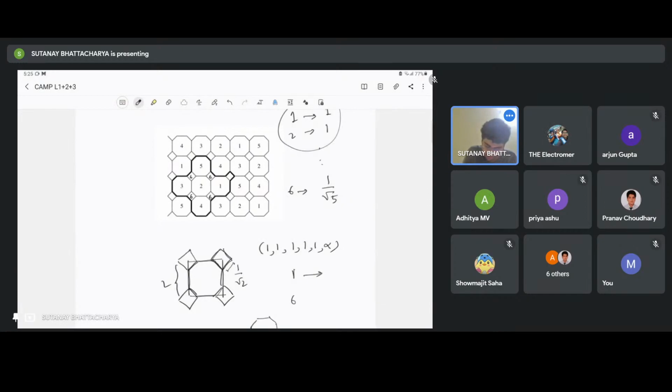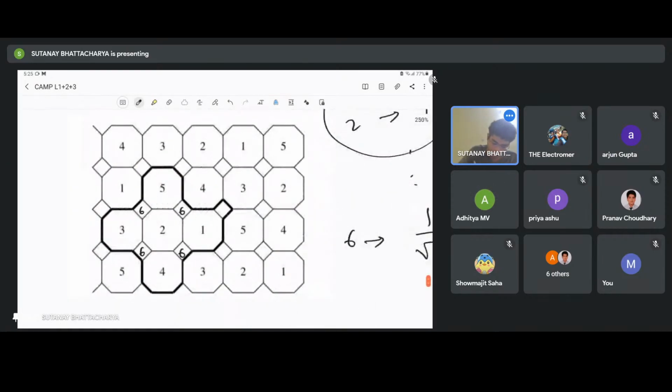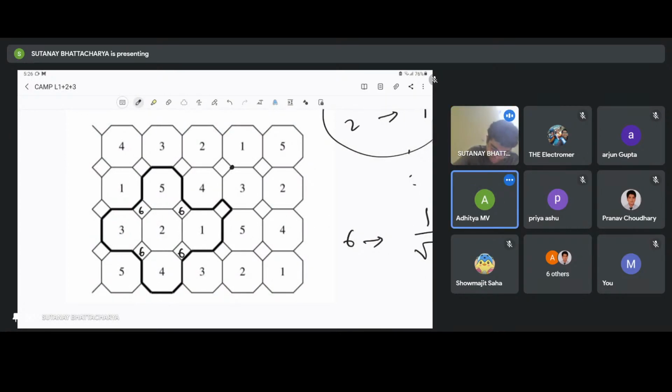Which distance are you calculating? It's hard to point out. The diametrically opposite points of the octagon, like this and this, right? Not that, but inside one octagon. I see, that makes more sense.